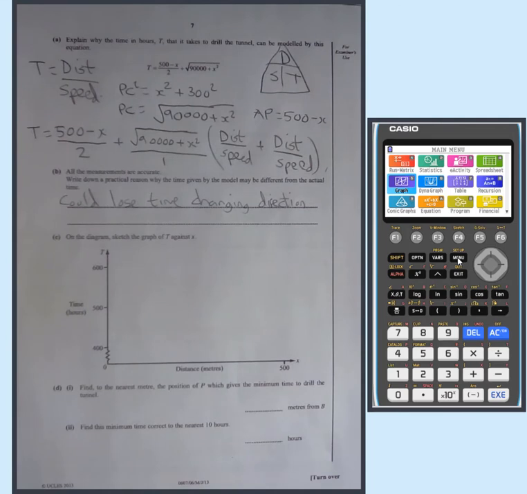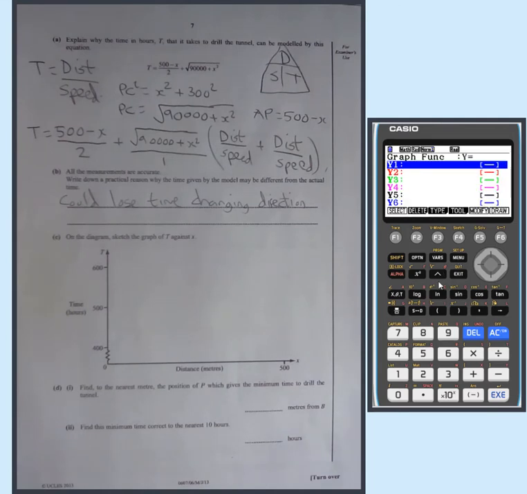So go to your graph: 500 minus x over 2 plus the square root of 90,000 plus x squared.